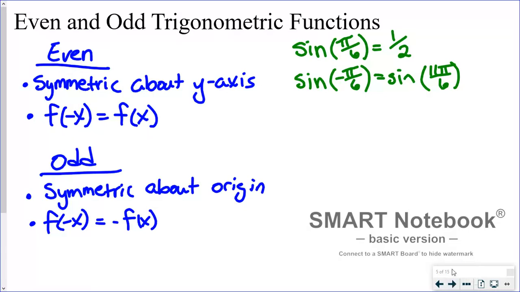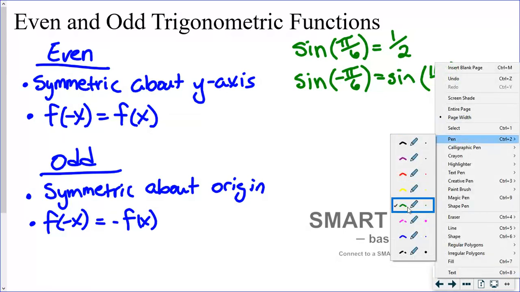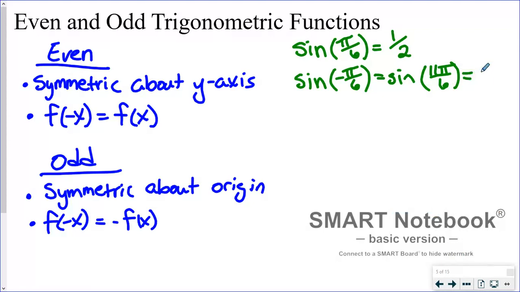Anyway, we look at our unit circle, we look at 11 pi over 6, and we see that this value is negative 1/2. Remember, if it's an even function, when I plug in the negative, I should get the exact same. It shouldn't change at all.